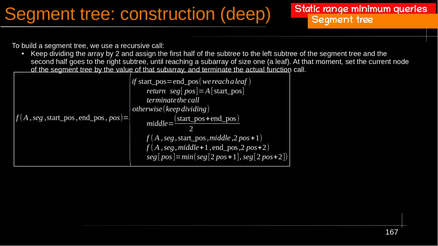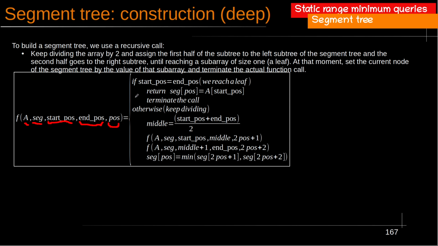If we write pseudo code here, our function f will build our segment tree. It will take the original array, the result segment tree that we are going to build, the start position, which means the left boundary of the subarray, the end position, the right boundary of the subarray, and the position or index in the segment tree that we are going to update.